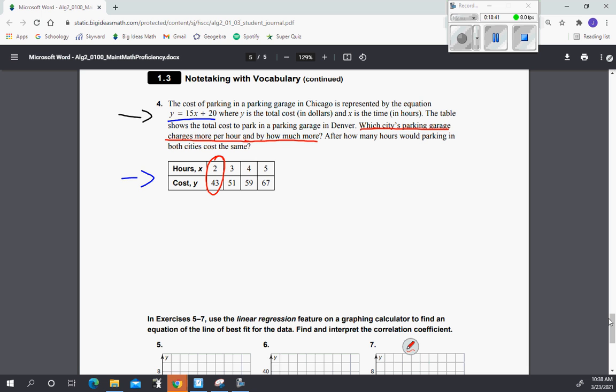Okay, well, let's plug that in to my Chicago time. y equals 15. Let's plug in 2 hours just to compare. And, well, how much does it cost in Chicago? y equals 30 plus 20. y equals $50. So to park in a parking garage in Chicago for 2 hours, it's $50.